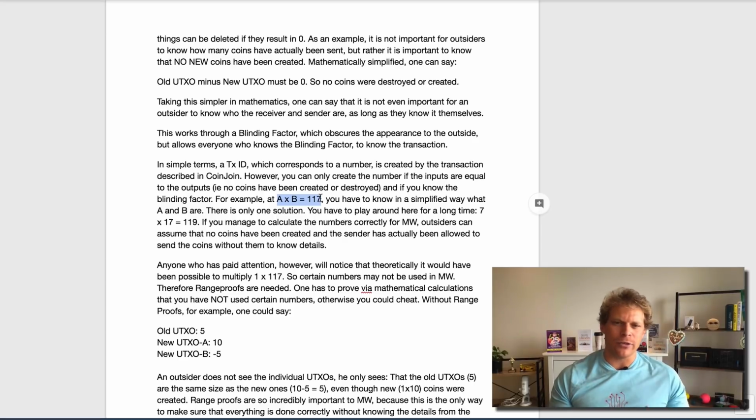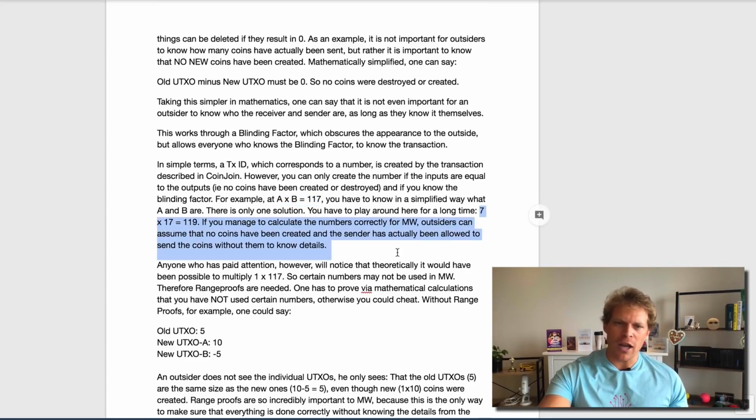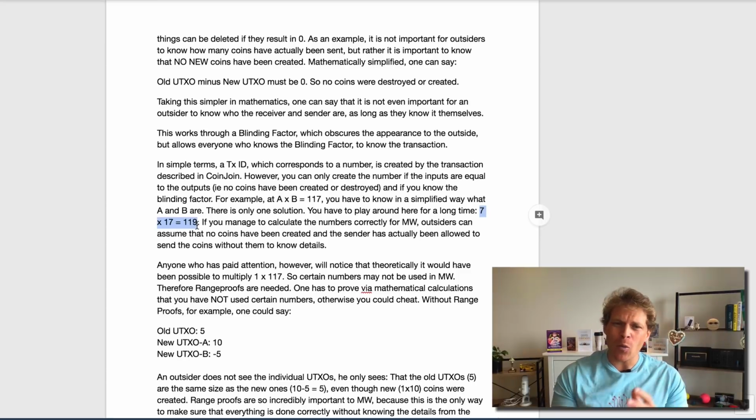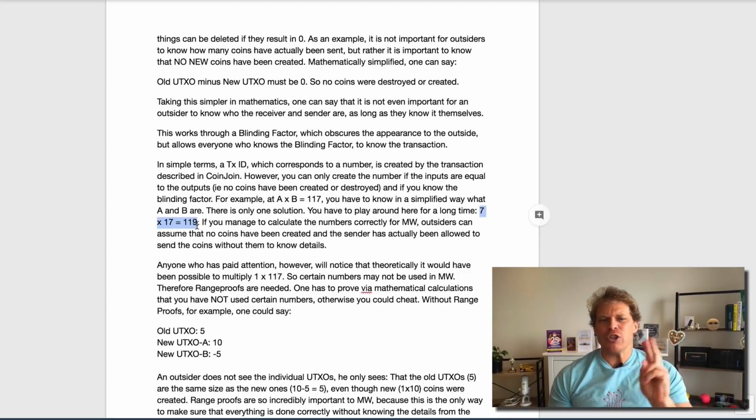You might say, okay, Julian, but A times B equals 117, there could be an unlimited amount of possibilities. Actually, there's not. If you're looking for integers, not floating point numbers, there's actually only one solution. Actually there are two solutions, but let's just talk about one, and that's 7 times 17. And the reason this works is because they're prime numbers. So there's no other way to get to 119 with two numbers.